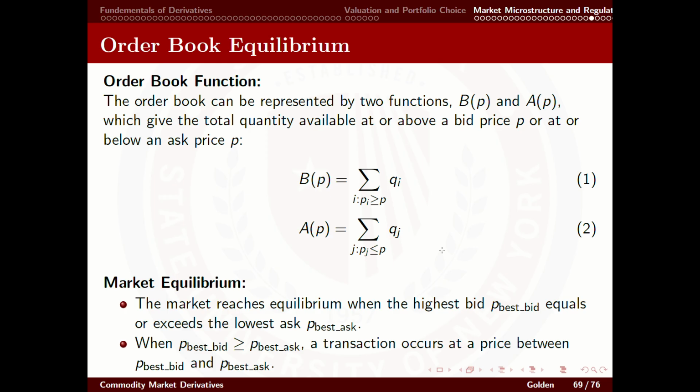So this ends up showing what the supply and what the demand is if the price is P. The market reaches an equilibrium when the highest bid equals or exceeds the lowest ask. Then trades can happen.